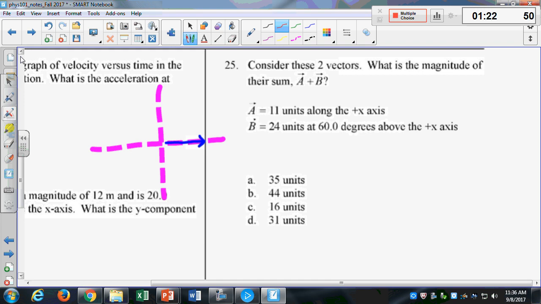I'll give you a few minutes to work through it. Everybody's put A. I'm going to close this out here in just a moment.